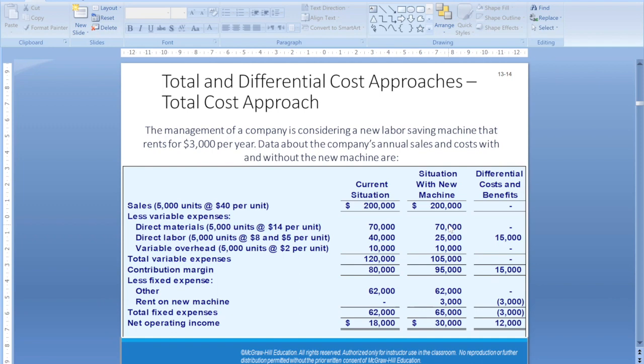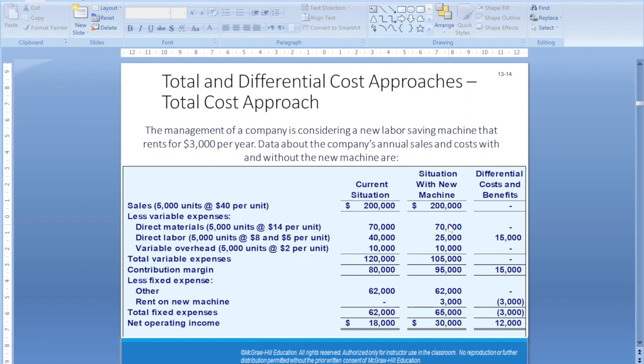Less the variable expenses. For direct materials, we will have the same materials, because again, our question is including the machine instead of labor, not the materials. So we have 5,000 units multiplied by the cost per unit in materials, $14. The total cost of materials would be $70,000 in both cases.